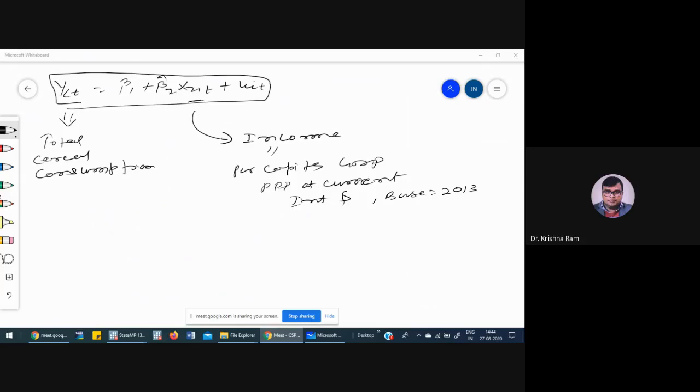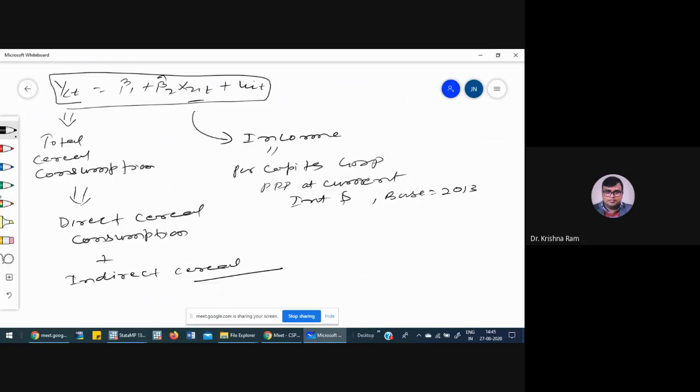So total cereal consumption we define as the sum of direct cereal consumption plus indirect cereal consumption.